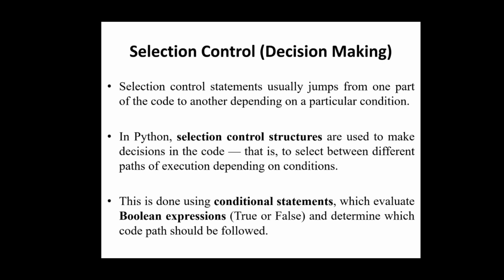In Python, selection control structures are used to make decisions in the code, that is, to select between different paths of execution depending on conditions. This is done using conditional statements which evaluate a Boolean expression, that is true or false, and determine which code path should be followed.